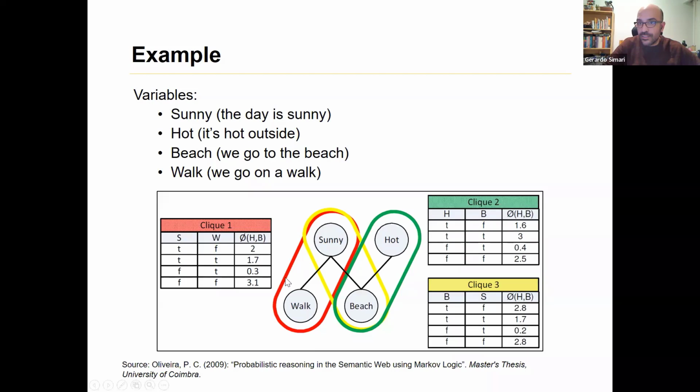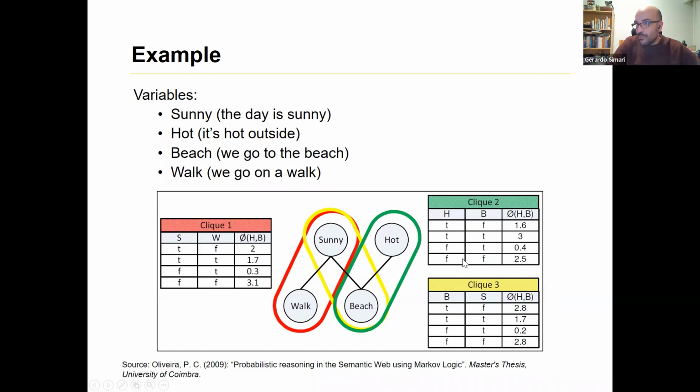So if you look at these values, it makes sense that, for instance, if it's sunny, it's more likely that we won't take a walk than we will. See, the weight of that is greater than the weight for this. Why, one might ask? Because it would be nice to go out when it's sunny, have a walk. But in this model, the user being modeled is probably more likely to go to the beach.